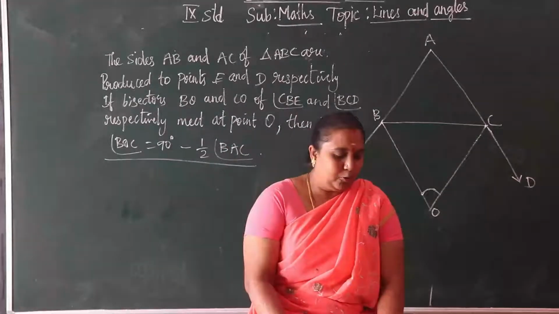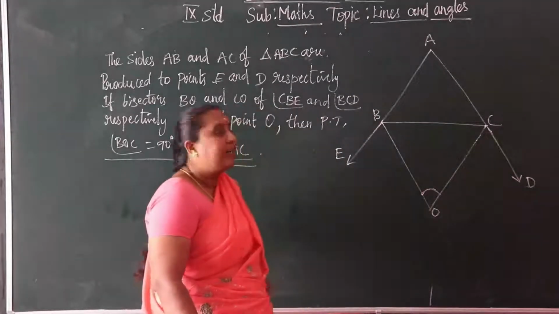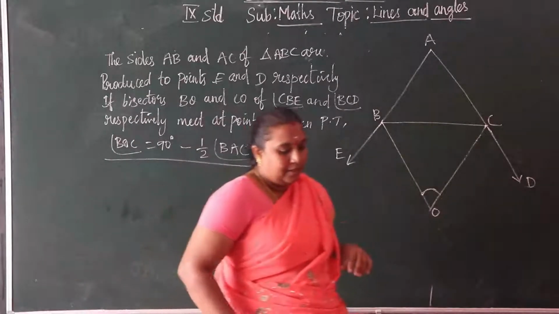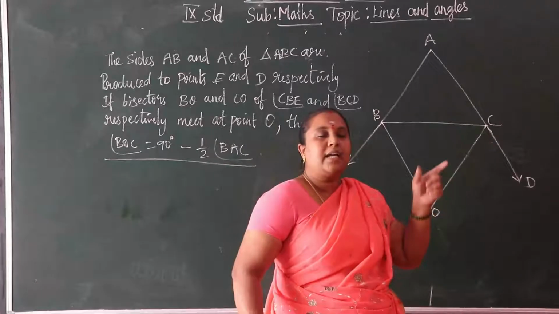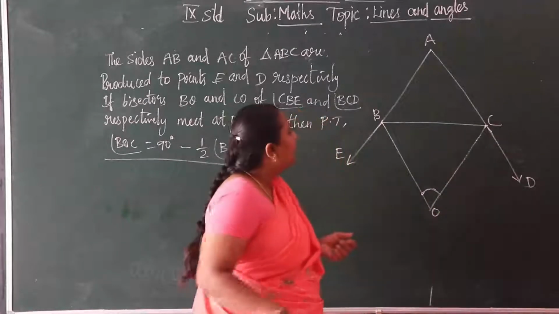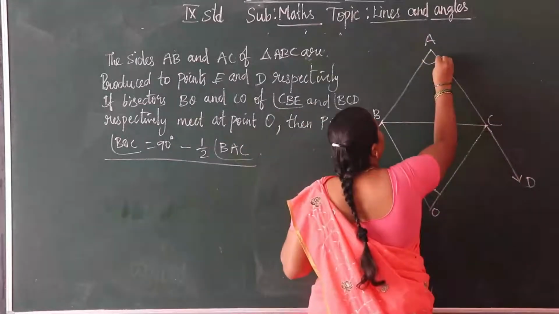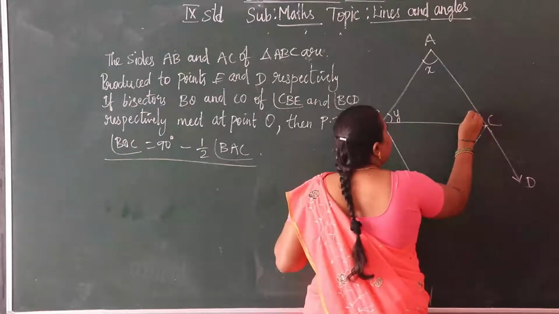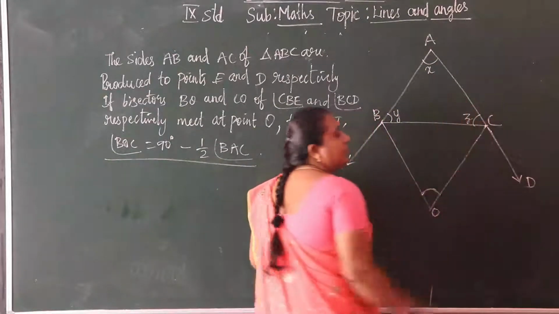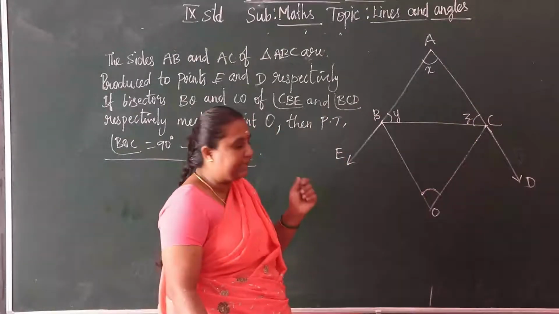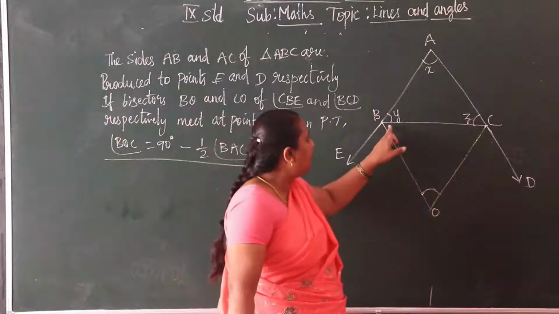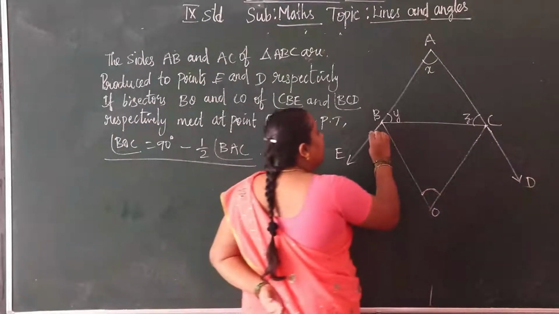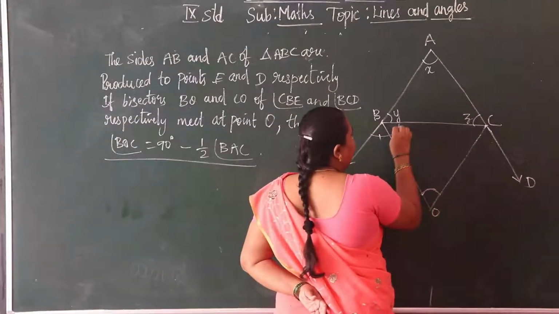See how to prove. First, what is given? Triangle ABC and the sides AB and AC. Here we can take the angles as angle X, angle Y and angle Z. BO is an angle bisector, which means it bisects the angle equally.